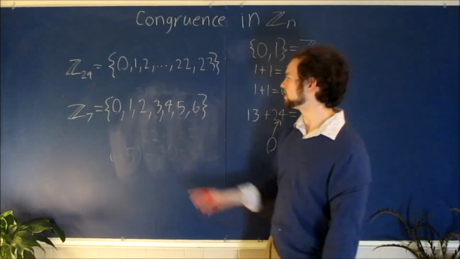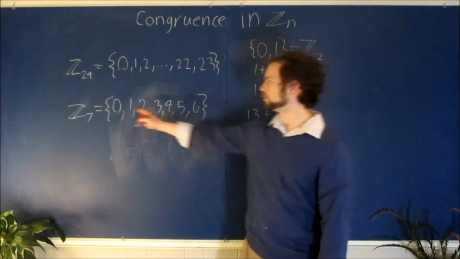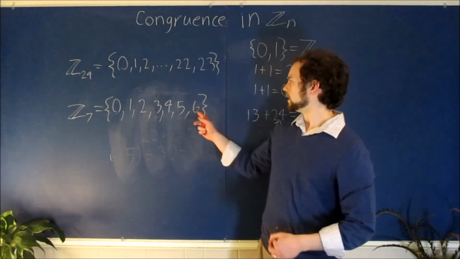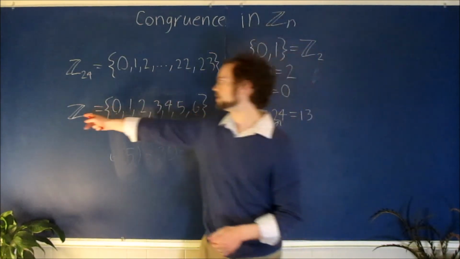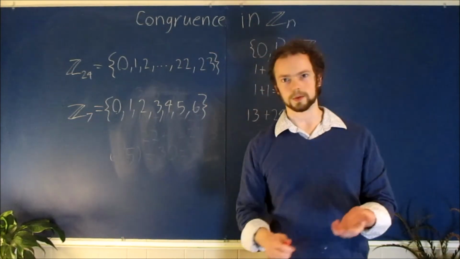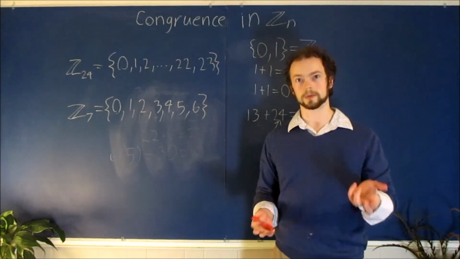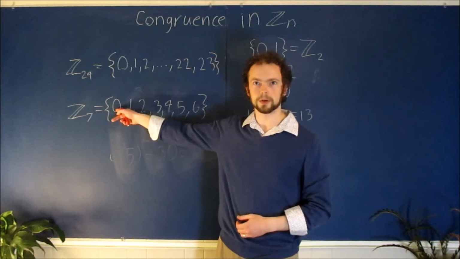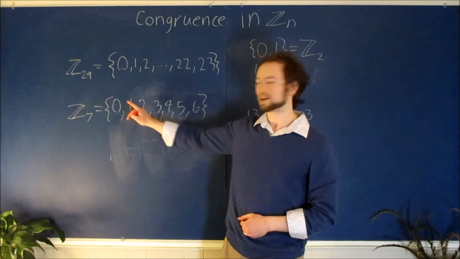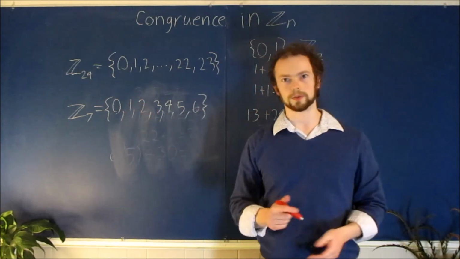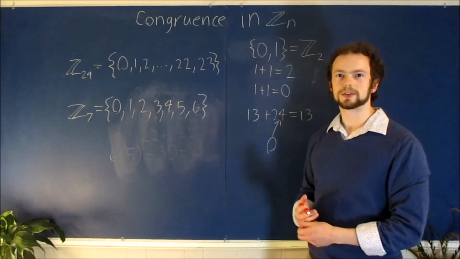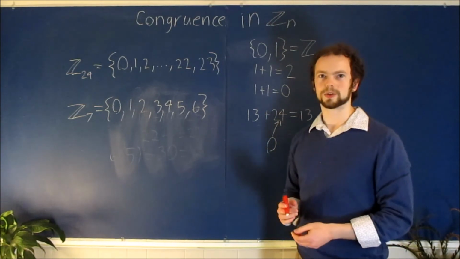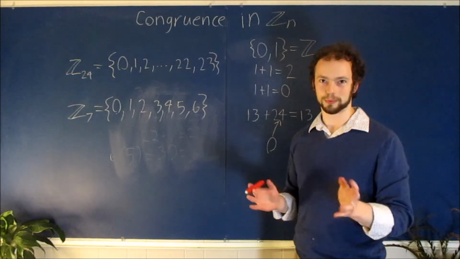If I divide a number by 7, I can only get one of these 7 numbers as a remainder. And this one can be useful in real life for describing days of the week, because there are 7 days of the week. If I let Sunday be 0, and Monday be 1, and Tuesday be 2, and so on and so forth, then you can answer these sorts of brain teaser questions.